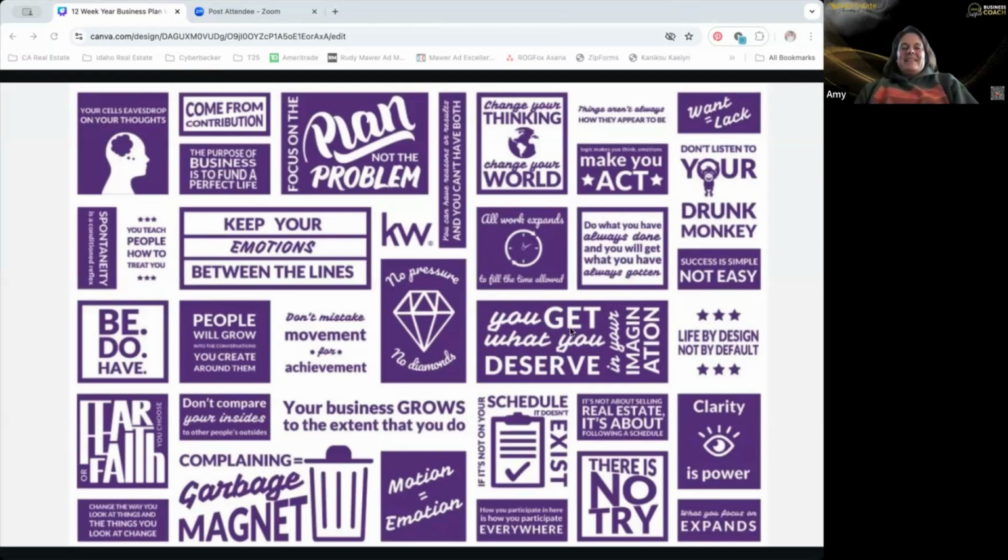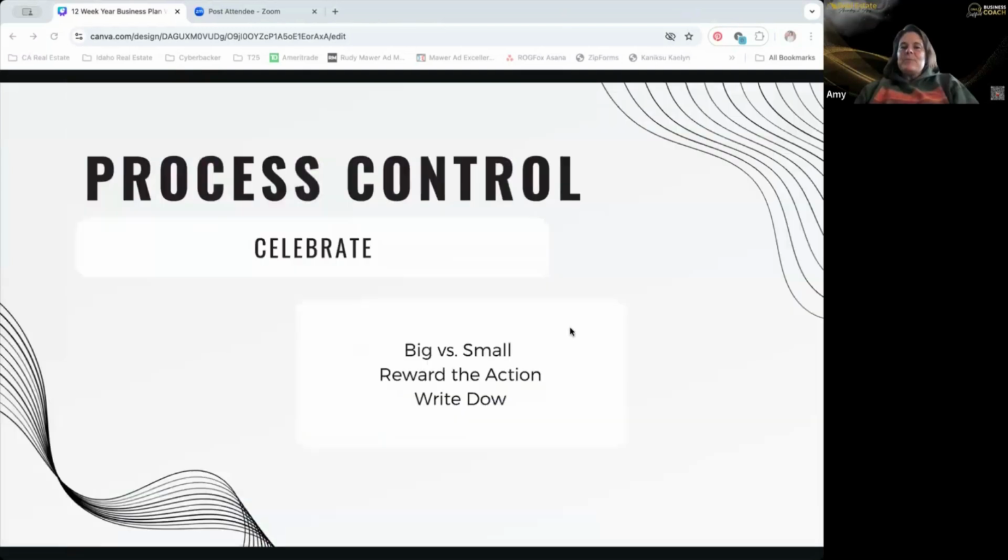Absolutely. Okay. So that's the next thing that we're going to do. The last thing that we're going to do for process control is we want to make sure that we celebrate. So we want to plan to celebrate. We're going to take time to identify something that you find motivating and inspiring, right? Something you can look forward to when you successfully execute your 12-week plan.